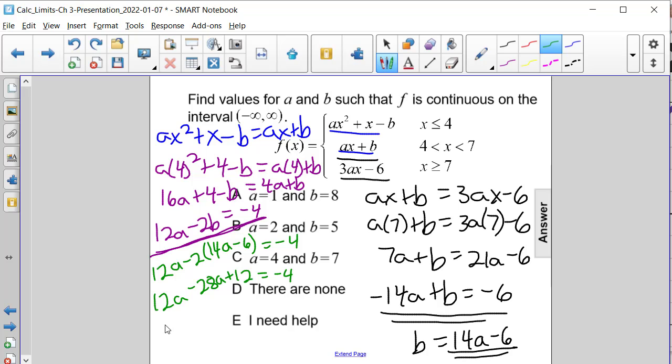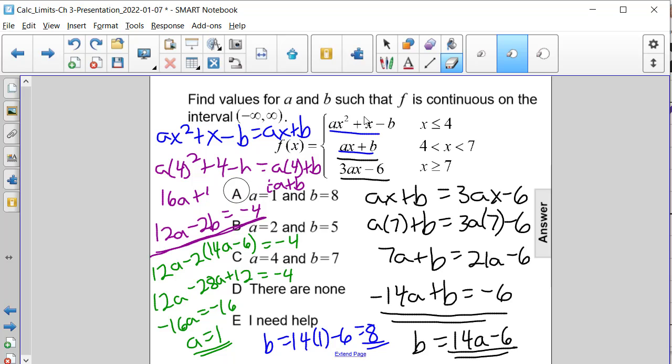If we combine the a's together, we'll get negative 16a, and if we subtract 12 to the other side, we'll get negative 16. So a is going to be equal to 1. And then if we substitute 1 back in for a, we'll have that b is equal to 14 times 1 minus 6, which is 8. So a is 1 and b is 8. That's answer choice A. Show that there.